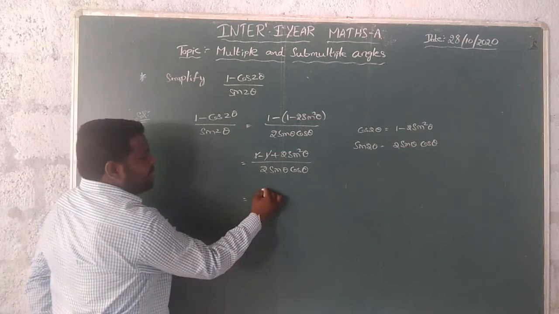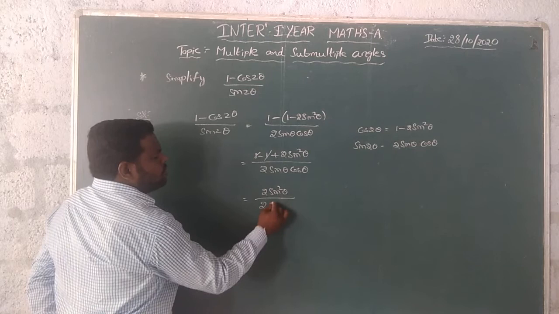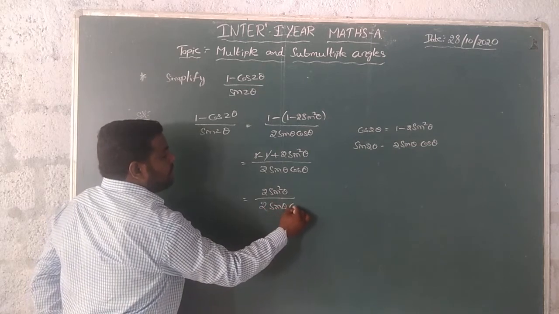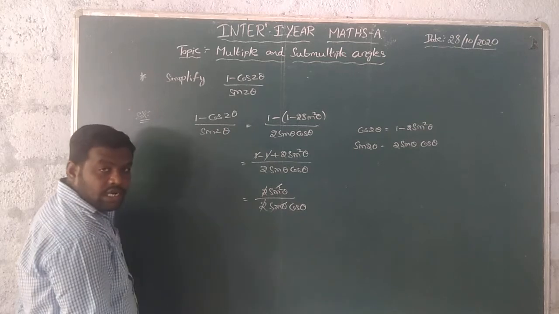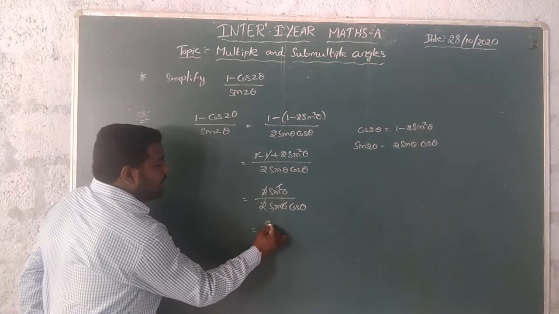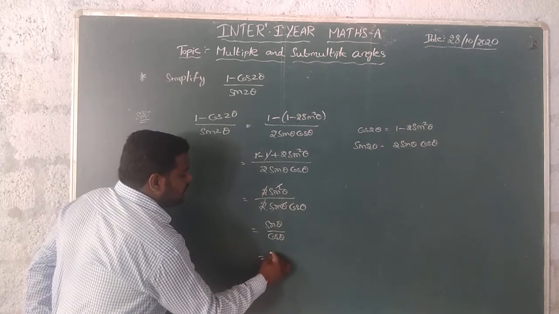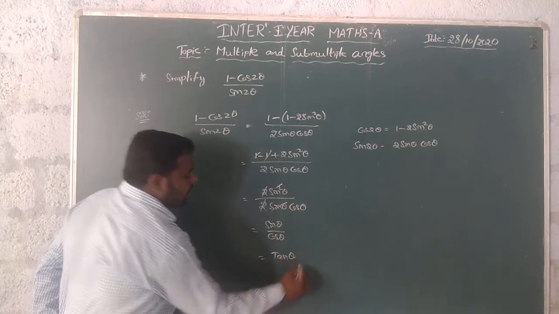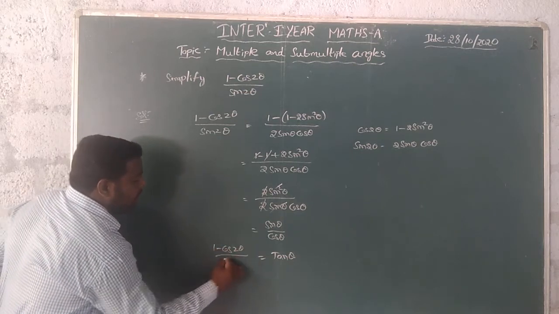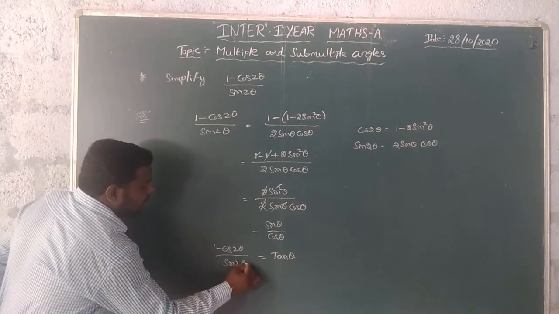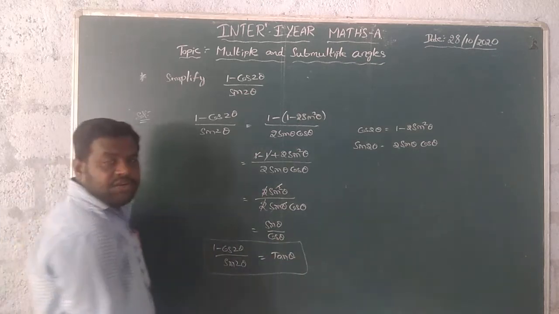The remaining terms are 2 sin square theta by 2 sin theta cos theta. So 2 gets cancelled, one sin theta gets cancelled. The remaining term is only sin theta by cos theta, and sin theta by cos theta is tan theta. So 1 minus cos 2 theta by sin 2 theta can be written as a single term, that is equal to tan theta.